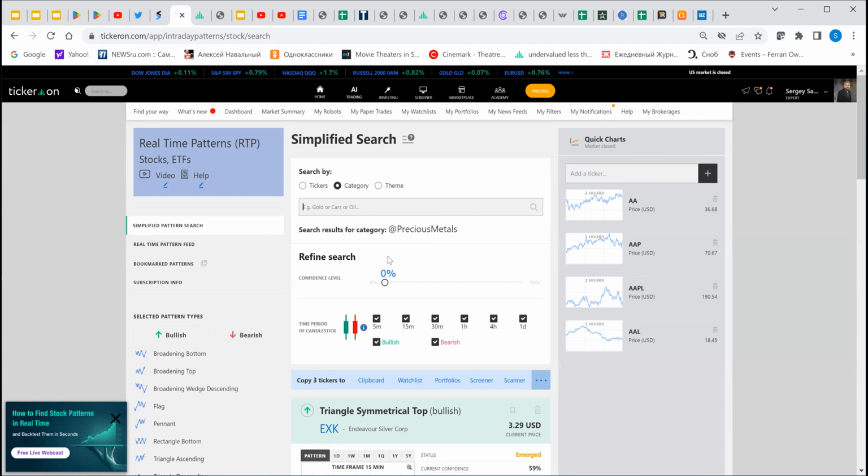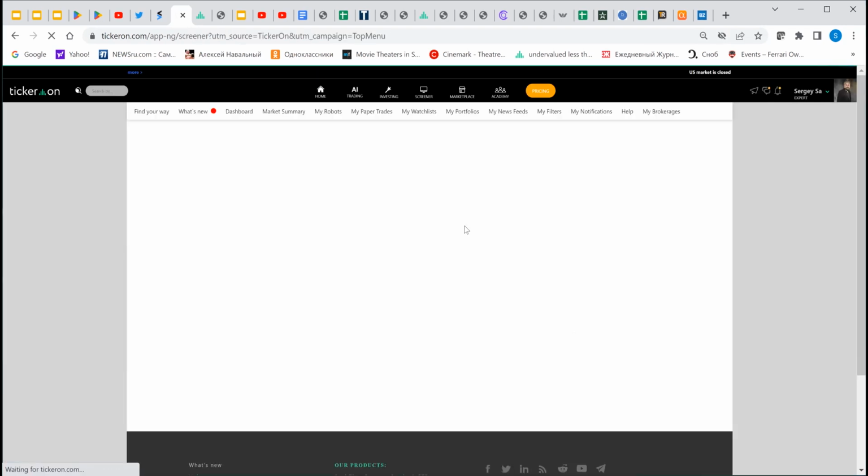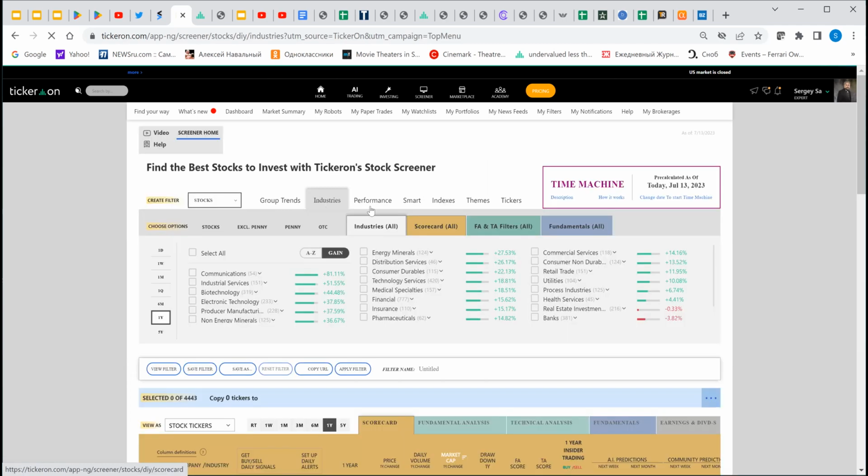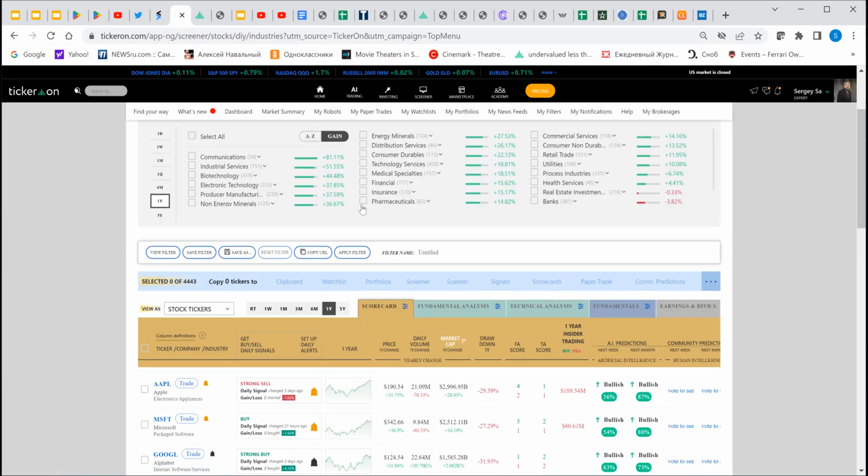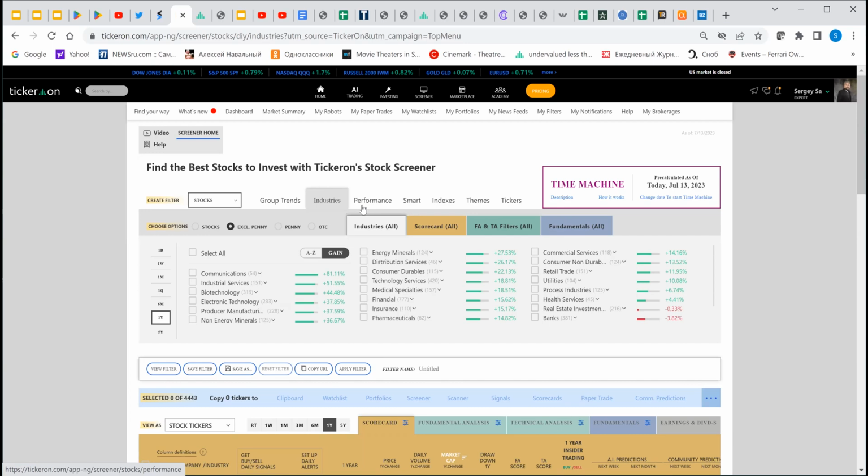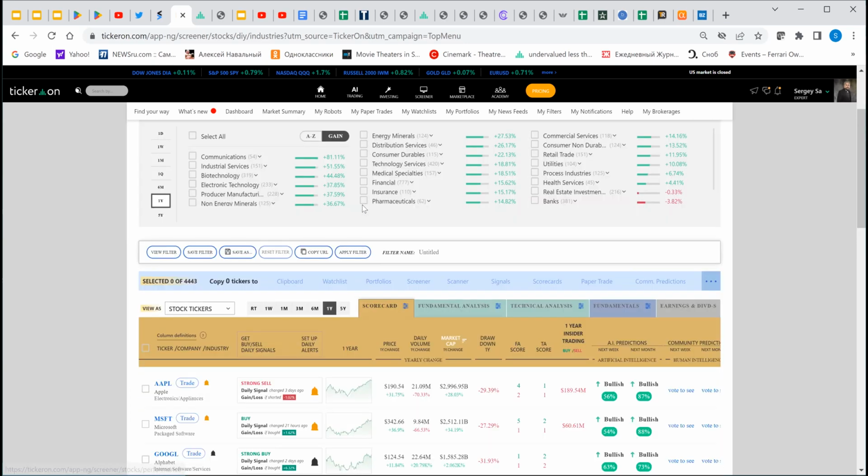So now let me show you how to use it in combination with the screener, okay? Because it's a kind of important element, the screener gives us fundamental analysis, and then real-time patterns give us the intraday data, when to enter and when to exit, okay?